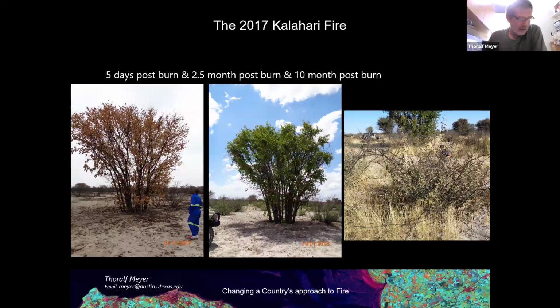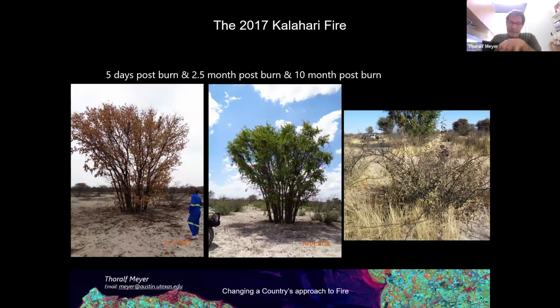Now the management handbook for this area tells you to use fire to control a problem called shrub encroachment. And what we are finding out here is that fire is not a good tool to fight shrub encroachment in this particular part of the Kalahari.